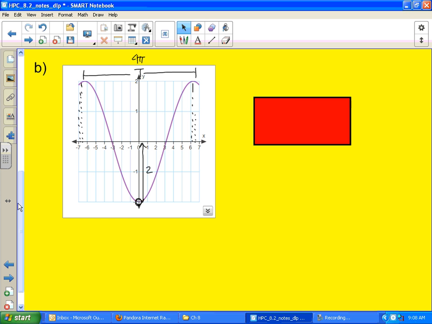Another way to tell is just from our minimum value back to our 0. Looks like that's 3.14. And in the cosine curve, that typically happens in a quarter of a period. So if we multiply that by 4, we're going to get the entire period of the curve.